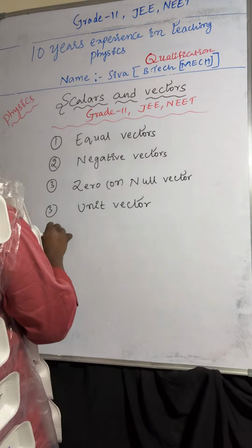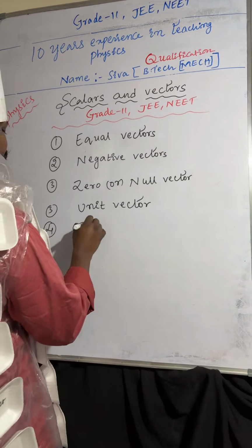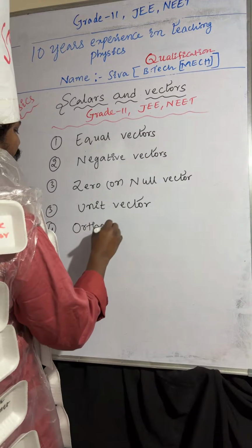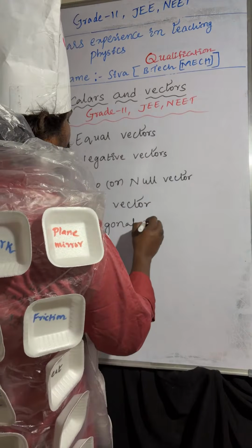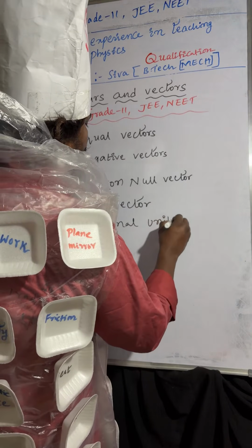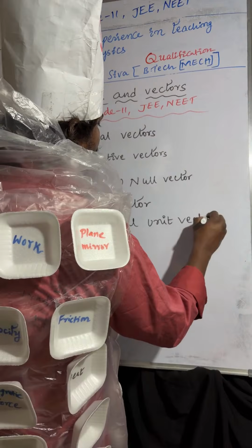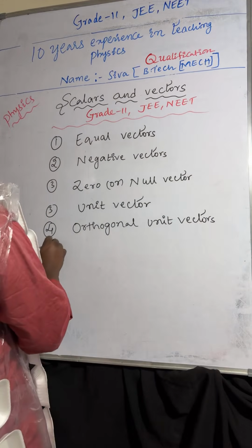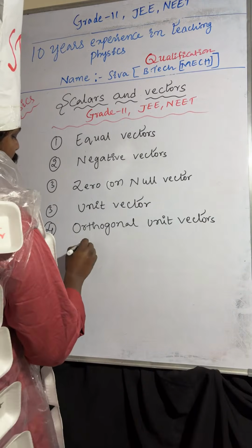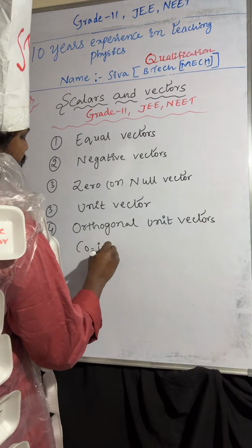Next one, fourth one, orthogonal unit vectors. Coming to that, so fifth one, co-initial vectors.